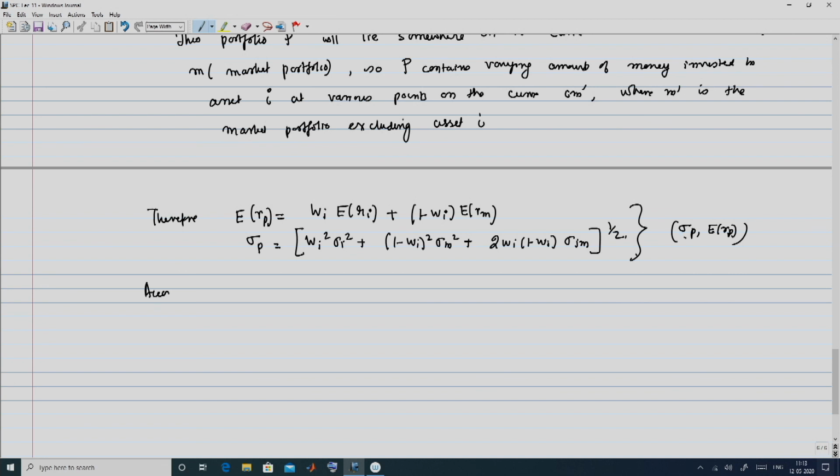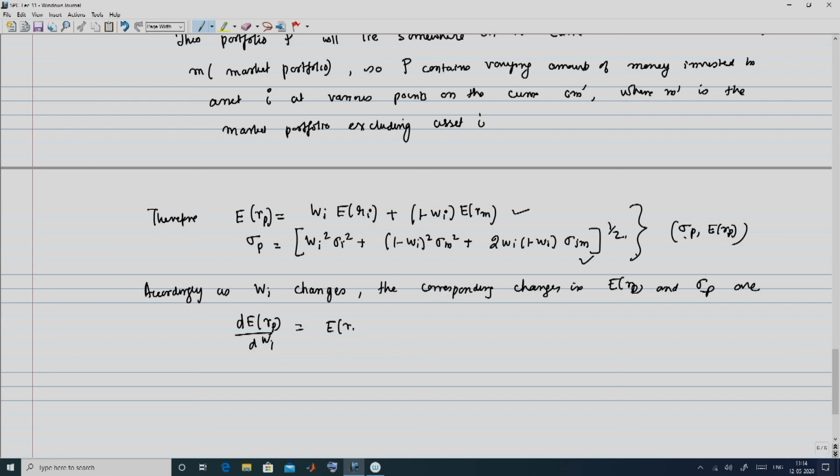Okay. Now, remember that WI is the weight of asset I in portfolio P. As it changes, the corresponding changes in ERP as defined here and sigma p as defined here are as follows. dERP divided by dWI is going to be ERI minus ERM, and for sigma p, d sigma p by dWI is going to be WI sigma I square minus 1 minus WI sigma m square plus 1 minus twice WI sigma I m.